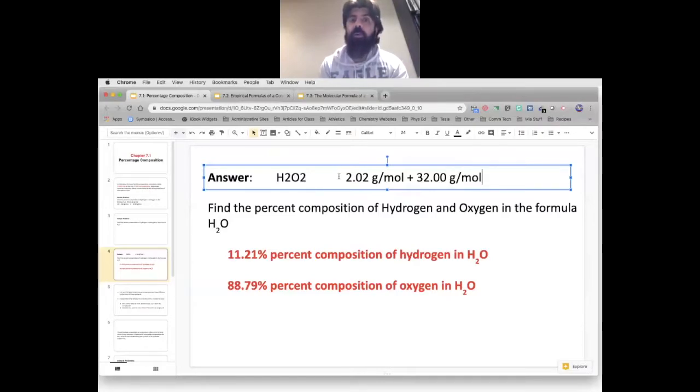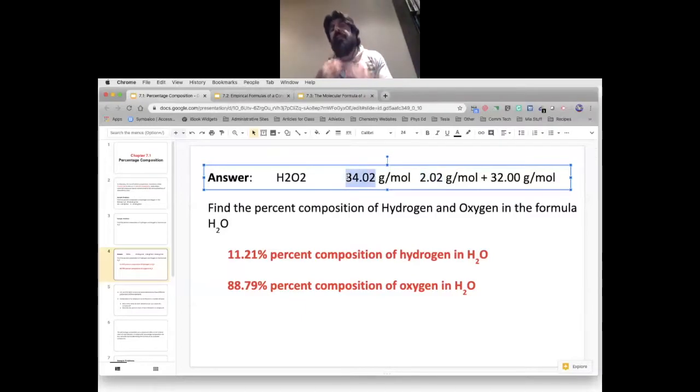So the overall mass of hydrogen peroxide will be 34.02 grams per mole. So if we took the 2.02 and we divide it by this, we are going to get a different percent composition for this formula.